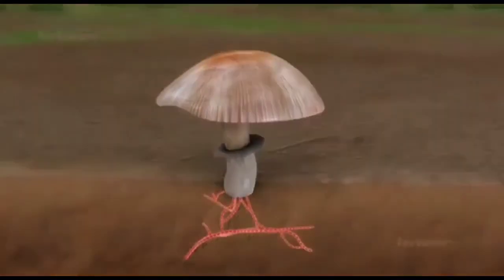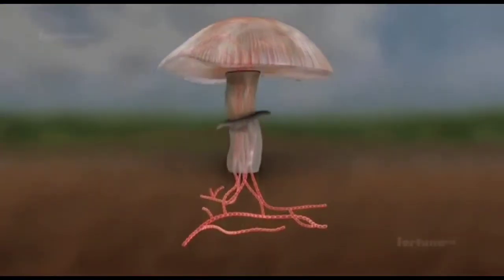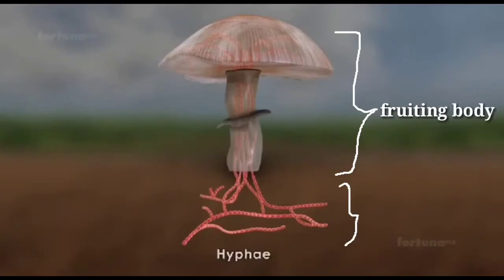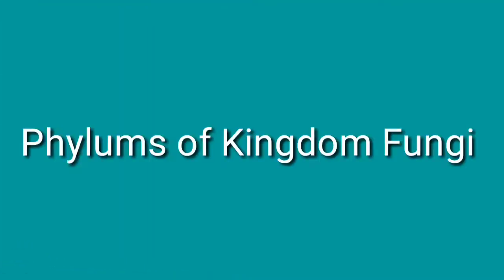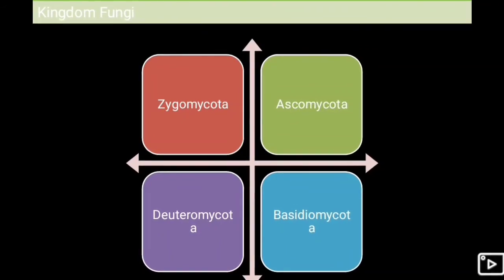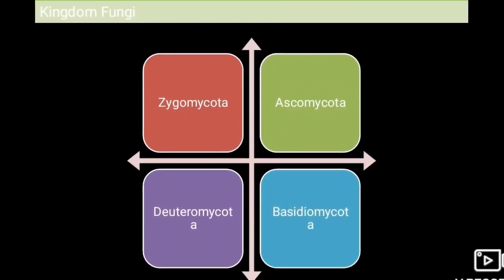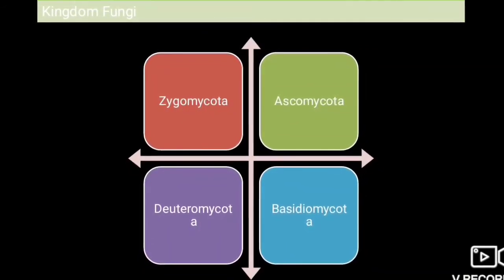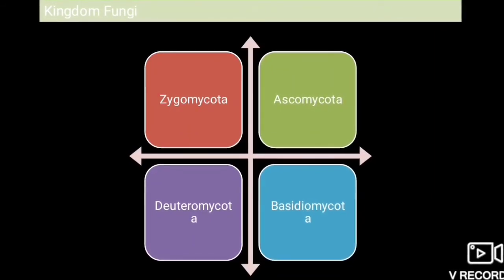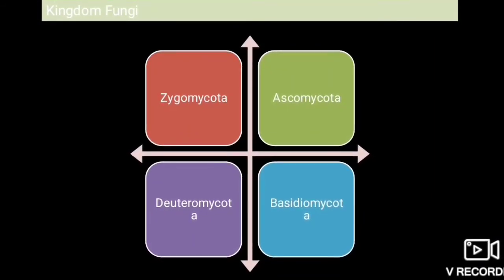The structure of fungi consists of long structures called hyphae, fruiting body, and mycelium. There are 4 types of Kingdom Fungi: Zygomycota, Ascomycota, Deuteromycota, and Basidiomycota.